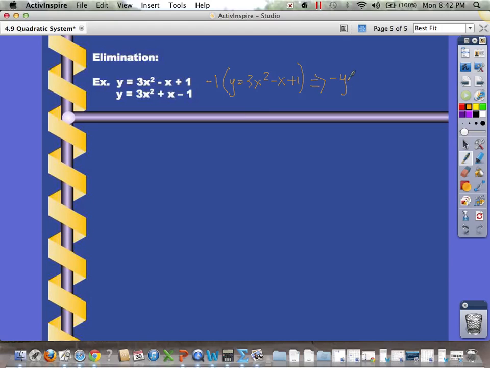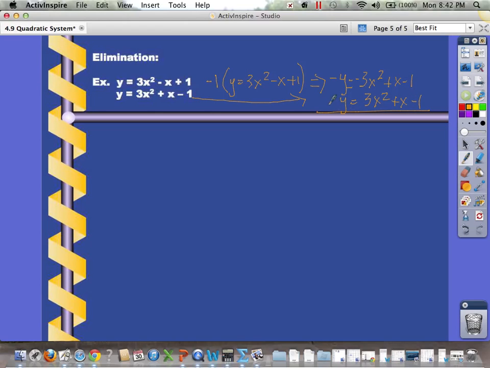So you see it's not as easy to pick out. So this is going to be negative y equals negative 3x squared plus x minus 1. And then I just rewrite this one because I didn't do anything with it. That's going to be y is equal to 3x squared plus x minus 1.